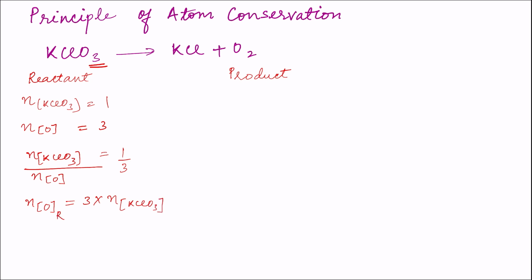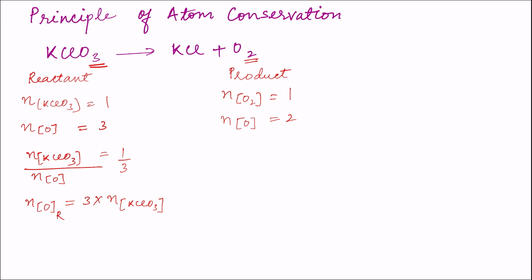Now on the product side, oxygen is present in the oxygen molecule. 1 mole of oxygen contains 2 moles of oxygen atoms. Therefore, moles of oxygen is equal to 1 and moles of oxygen atoms in 1 mole of oxygen is 2.